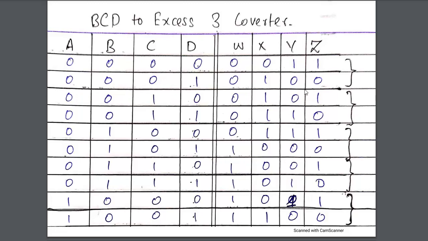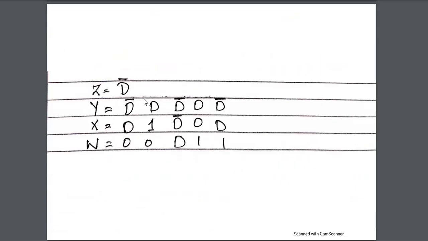Now for the next 2 inputs, we can see Y follows D. From the next one, Y follows the NOT of D, and so on. Here again is D, and this again is NOT of D. This is how I get the logic.